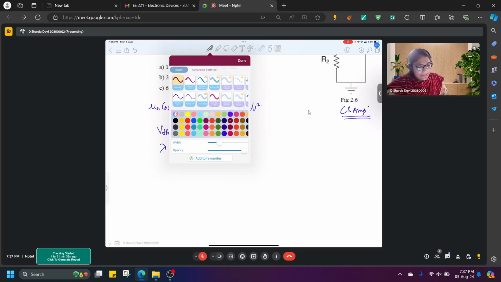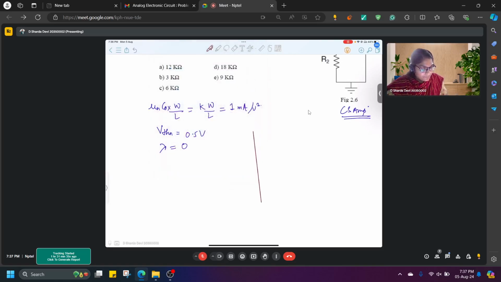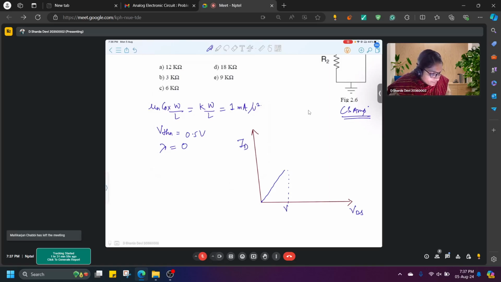As we observed in the output characteristic, we said that for VGS greater than VT, for smaller VDS, your current rises linearly, but as it reaches VGS minus VT equal to VDS, it saturates, right?